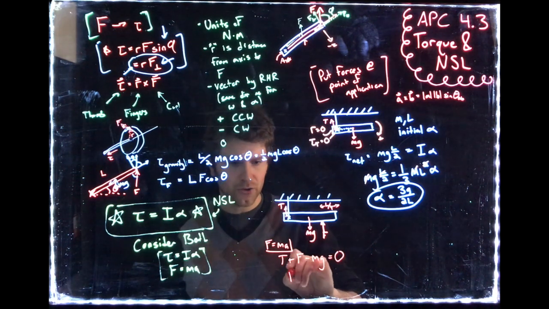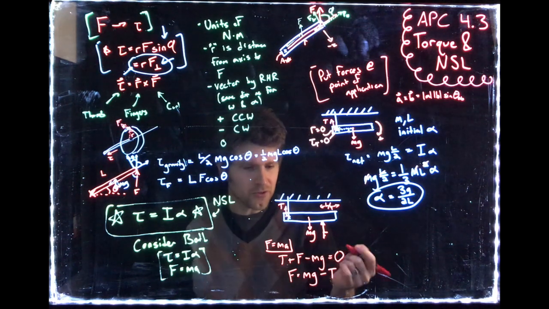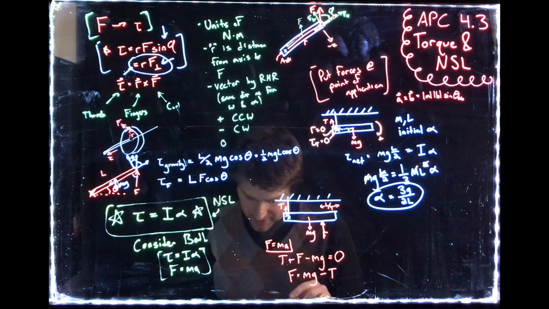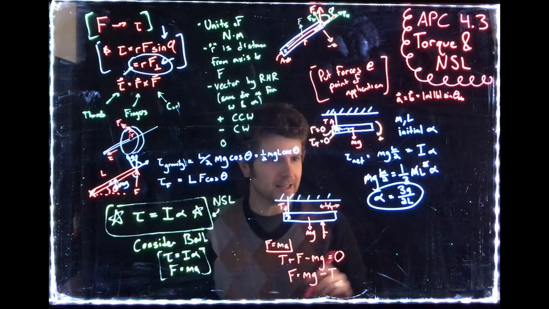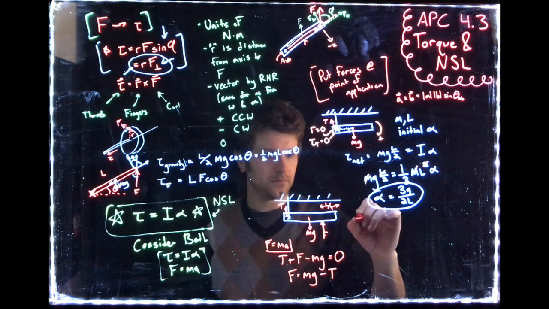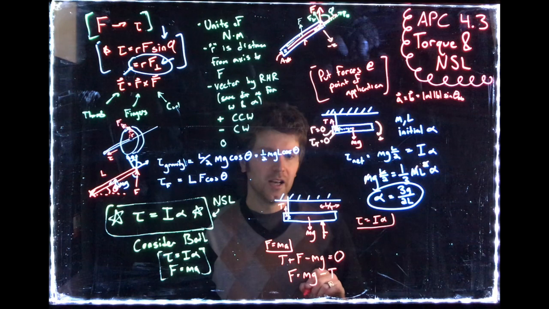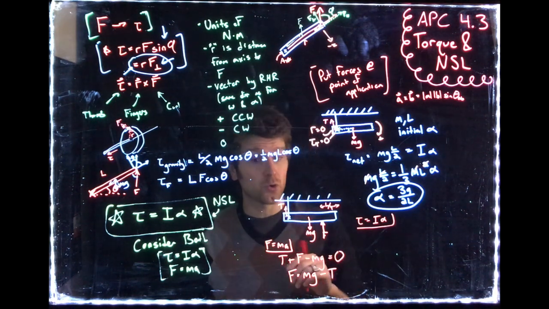So I get force equals mg minus T. Well, that doesn't really help me because I don't know T either. So let's see if we can do something else to help us out here. Let's instead consider torque. Now again, if we look at our torques, it's definitely the case here that our tension still applies no torque.